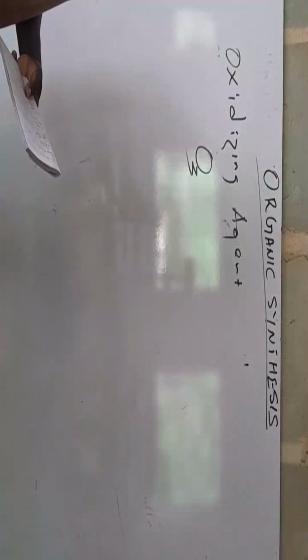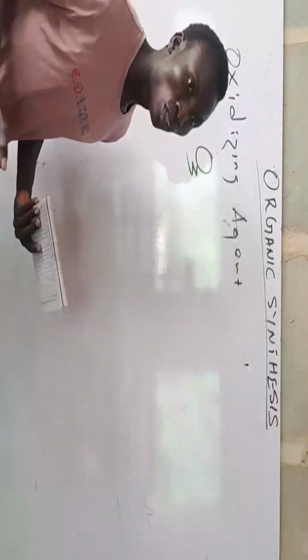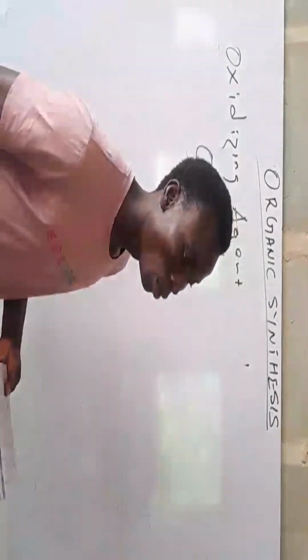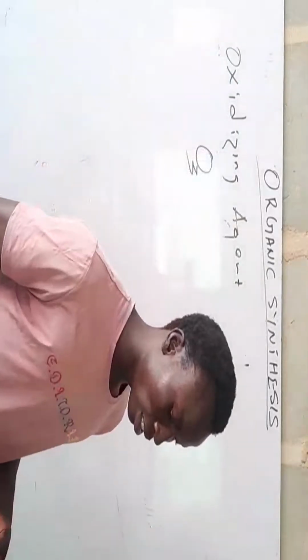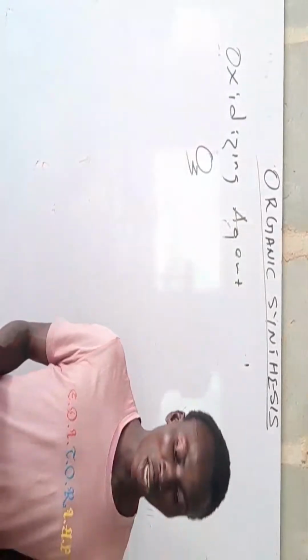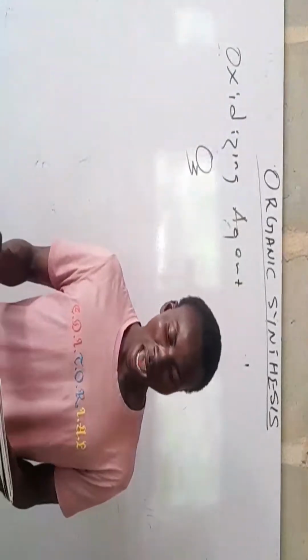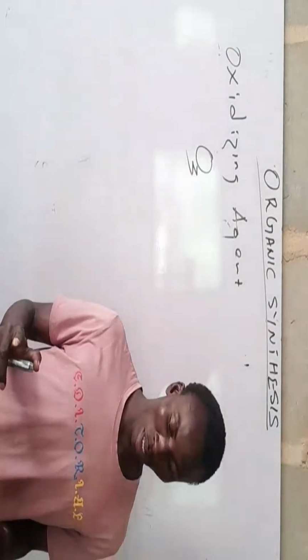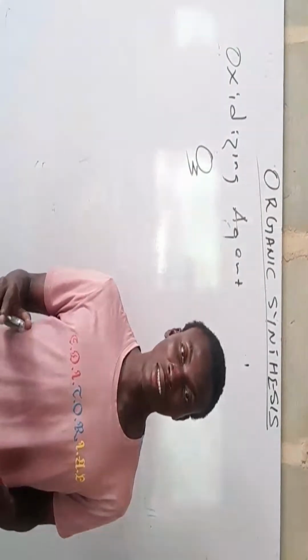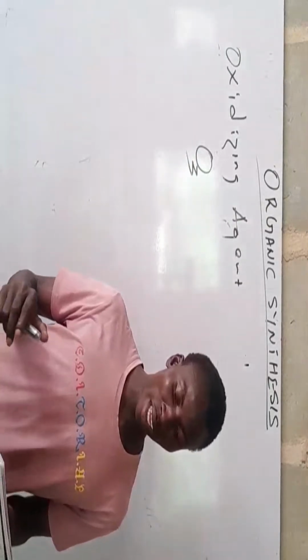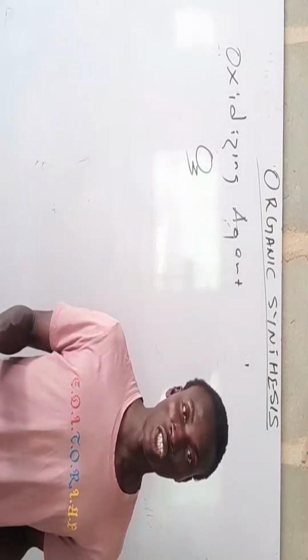So what are the things we need to know about ozone as a good oxidizing agent? What we need to know is that it is an allotrope of oxygen, highly reactive, obtained by passing a stream of O2 over a high voltage electric discharge.